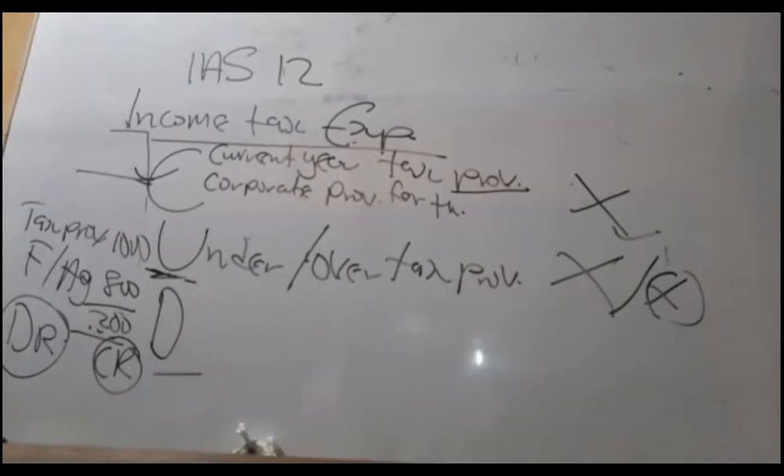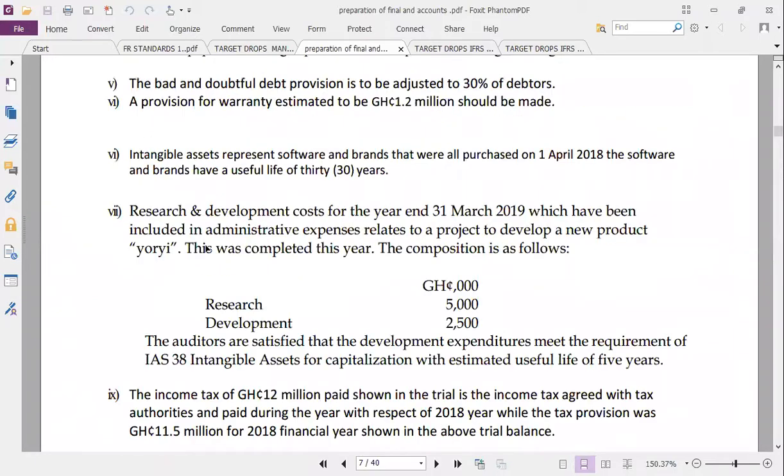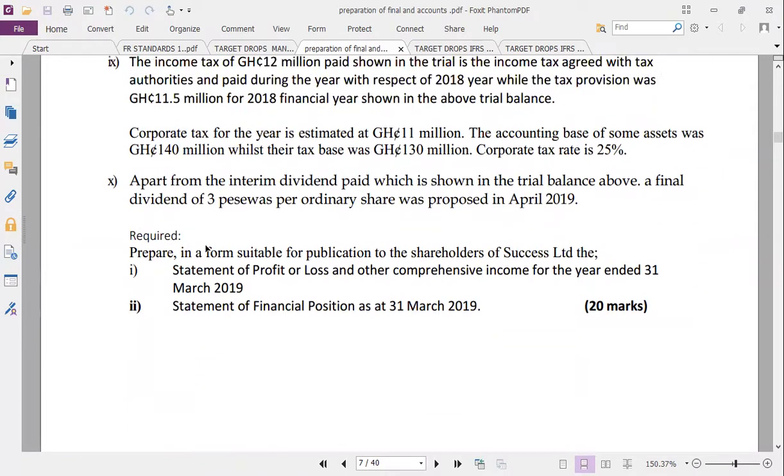Success. The same Success. One of the notes. Last but one note or so. Good, last but one note.